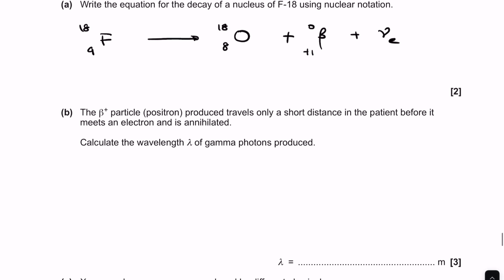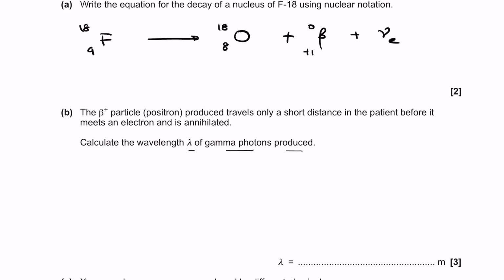So for part B, the beta positive travels only a short distance in the patient before it meets an electron and is annihilated. Calculate the wavelength lambda of gamma photons produced.